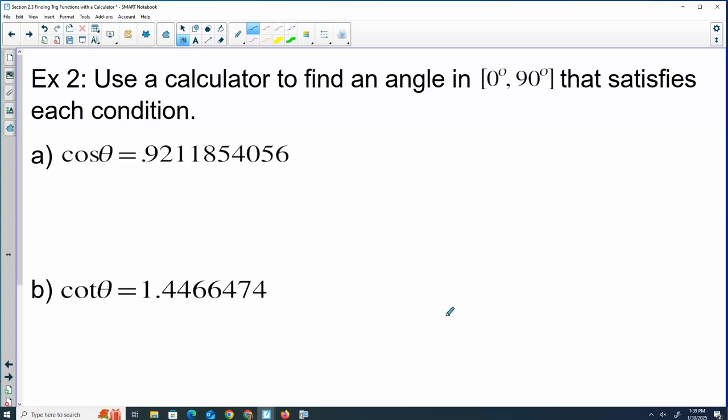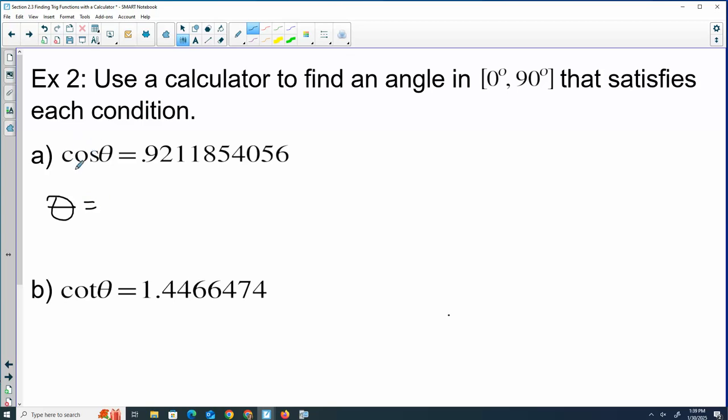The buttons on there for the inverses are what we use if we are trying to find the angle. So if I'm asking you to find the angle between 0 and 90 degrees that satisfies this condition, cosine of theta is 0.9211854056. We are trying to find our angle.